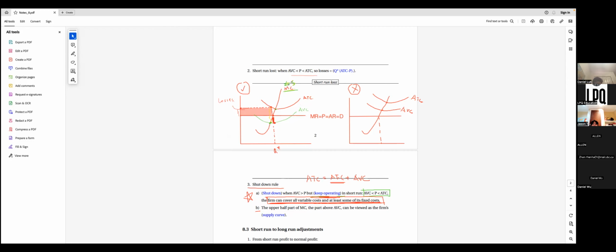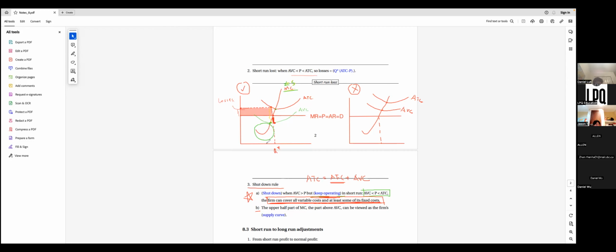So MC equals supply. They coincide with each other, they are just the same line. Based on the shutdown rule, you can figure out that a firm never produces within this circle, lower than ABC.